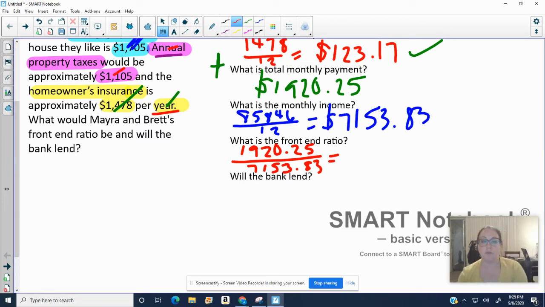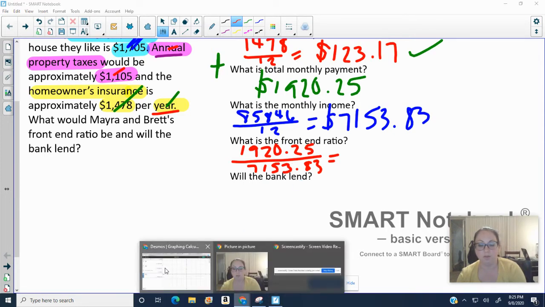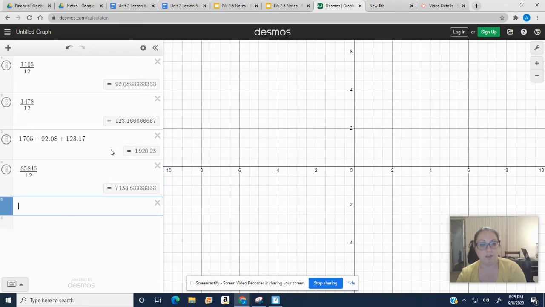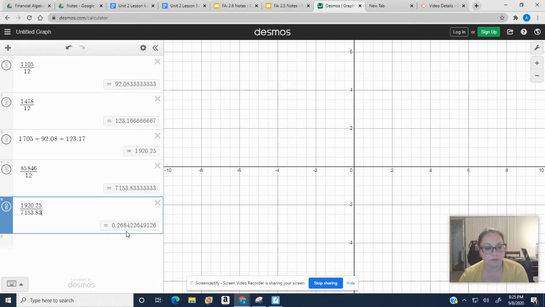I am looking for this to be less than or equal to 28%, which I think we should be good on this one. I'm going to come over here and divide those two amounts, 1920.25 divided by 7153.83. Okay. All I'm looking for is to know, is this less than or equal to 28%?